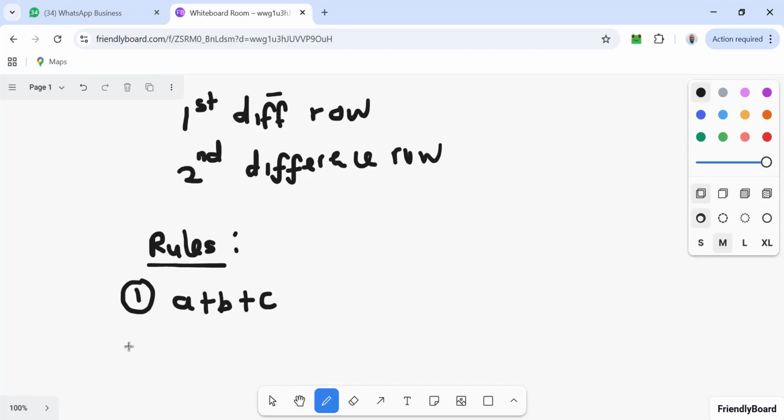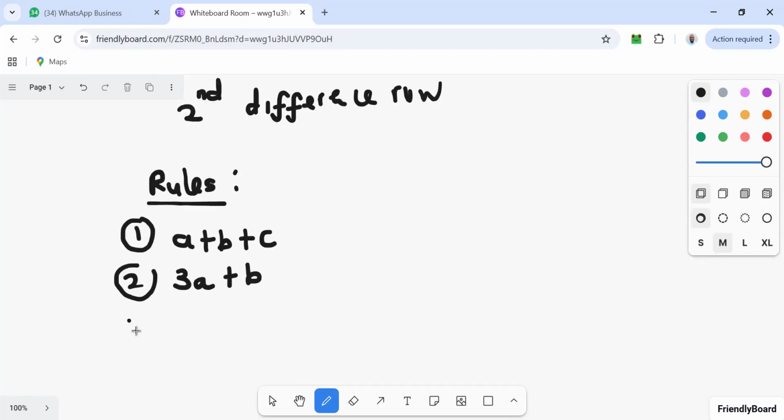And then we have 3a plus b. And then we have 2a.